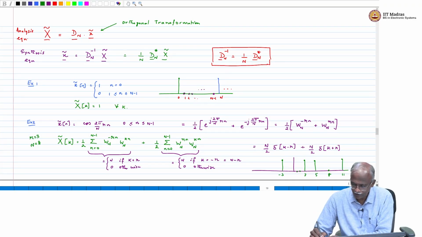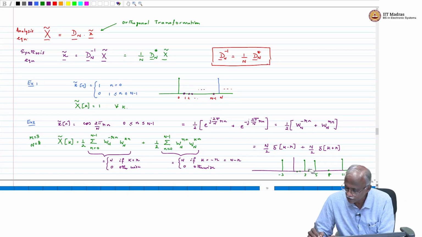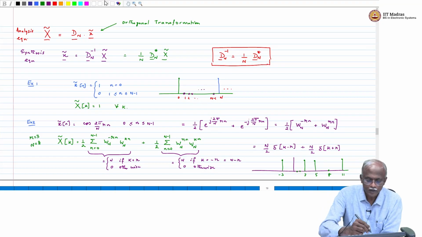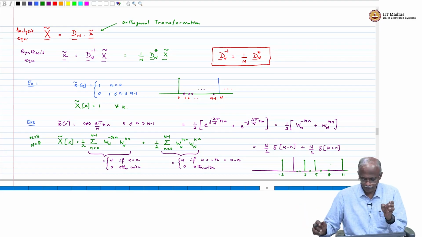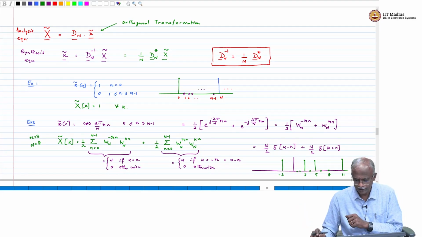Okay, so you will have some zeros in between. There's 1 zero in between here. 3, 4, 5, 6, 7, 8. Basically, you can figure out the expression that we have.